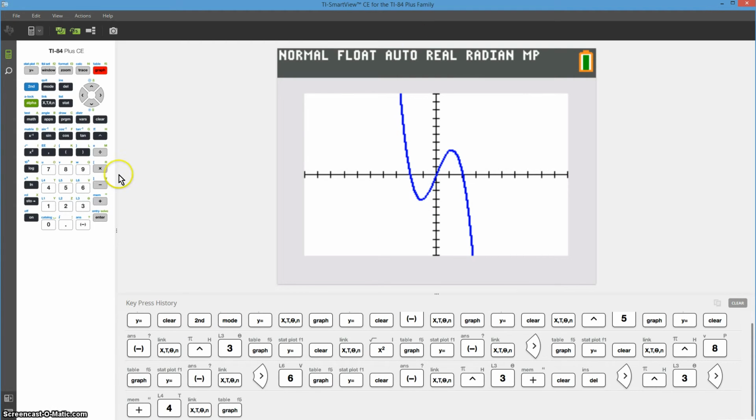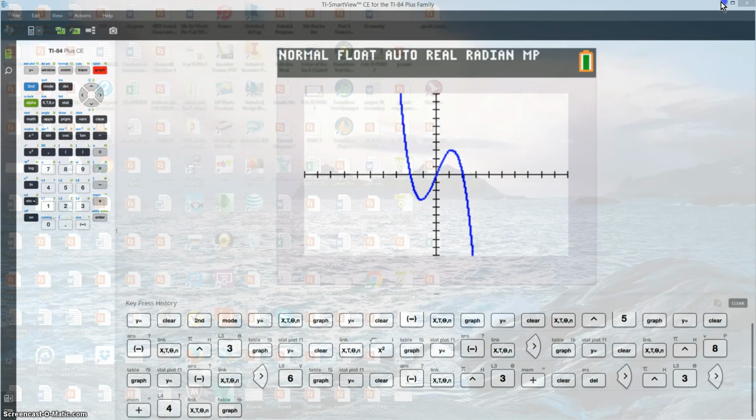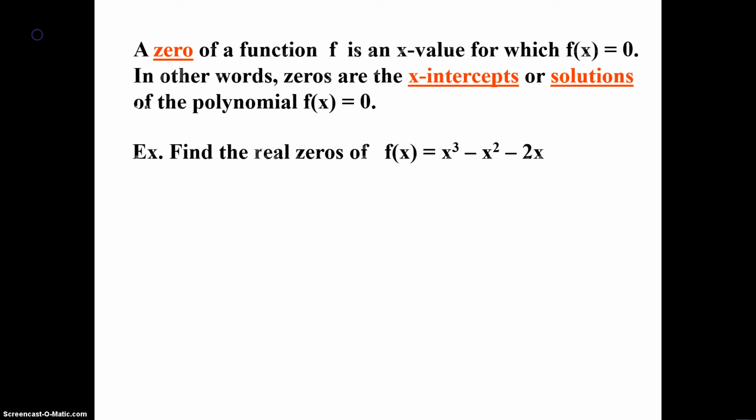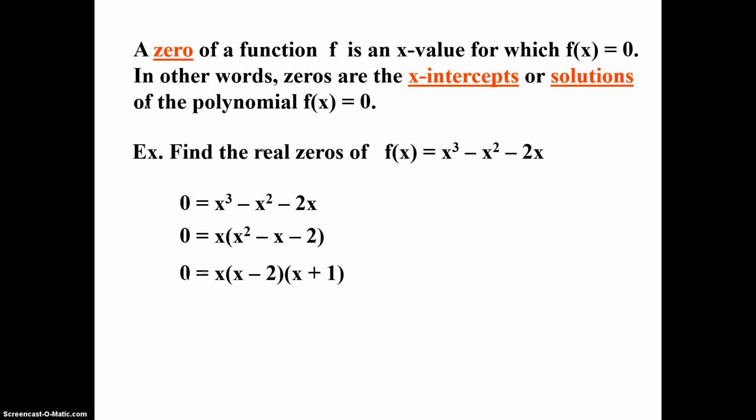Let's check to see in the PowerPoint. So let's just go over this PowerPoint again. We set it equal to 0. We factored out an x. We factored out the quadratic. Set each one equal to 0, and we got 0, 2, and negative 1.